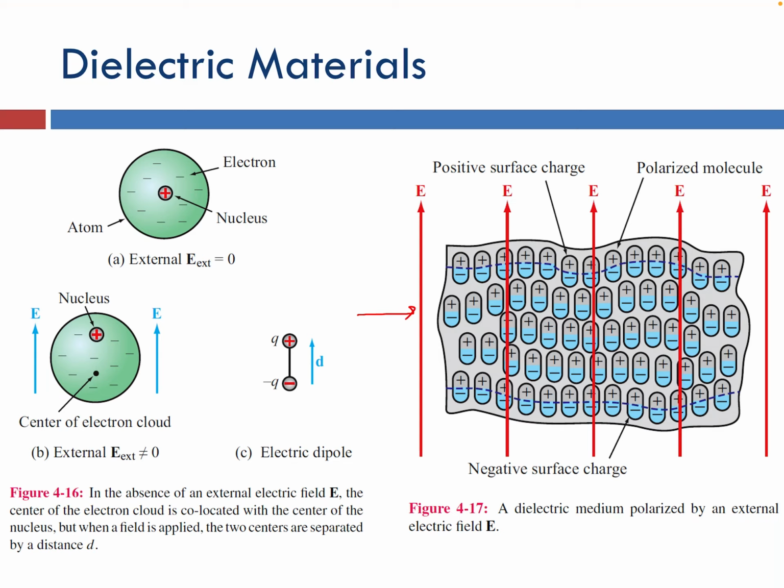So also here on the left we have an atom in an external field E0, which is symmetric, and the negative charge is uniformly distributed around the positive nucleus.